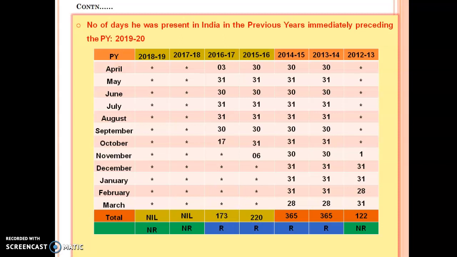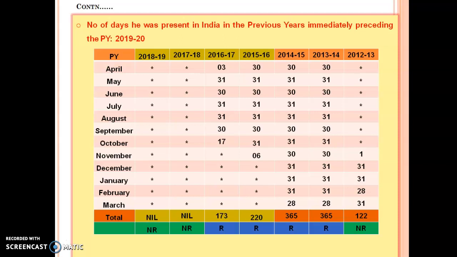So, he was in India for more than 365 days in 4 previous years just preceding the previous year 2019-20. So, he fulfills the alternative condition under section 6(1)(c). So, he is a resident of India.